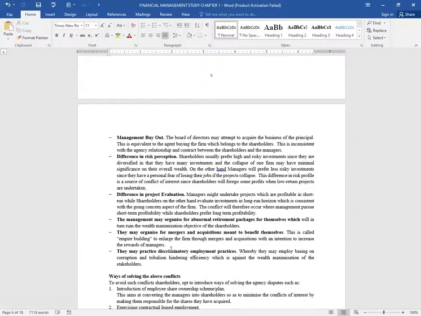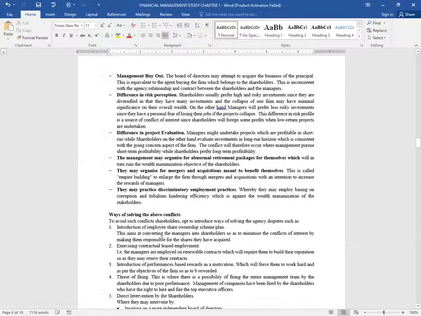So ladies and gentlemen, what we need to do in solving these conflicts, number one, we need to introduce an employee share ownership scheme plan, where those directors will know that if we work very hard, at the end of the day, we shall become part and parcel of this organization.